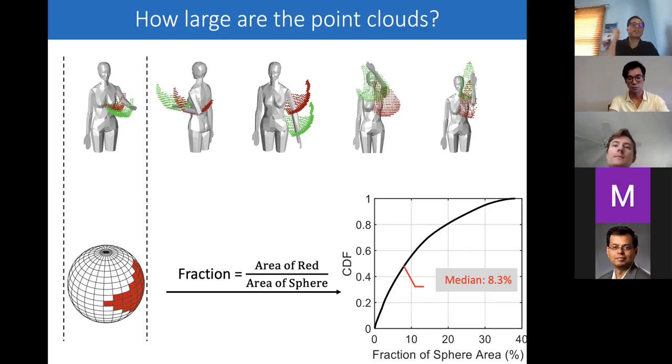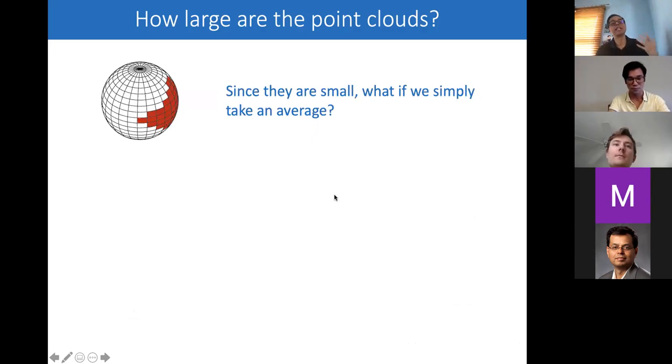The elbow can lie on a sphere with the center at your shoulder. And given an orientation, the fraction of the sphere on which the elbow can lie is less than 10% on average, right? Of course, there are some cases where it's 50%, where the point cloud is 50% of the area of the sphere. And in that case, you're not getting so much benefit from motion models, right?